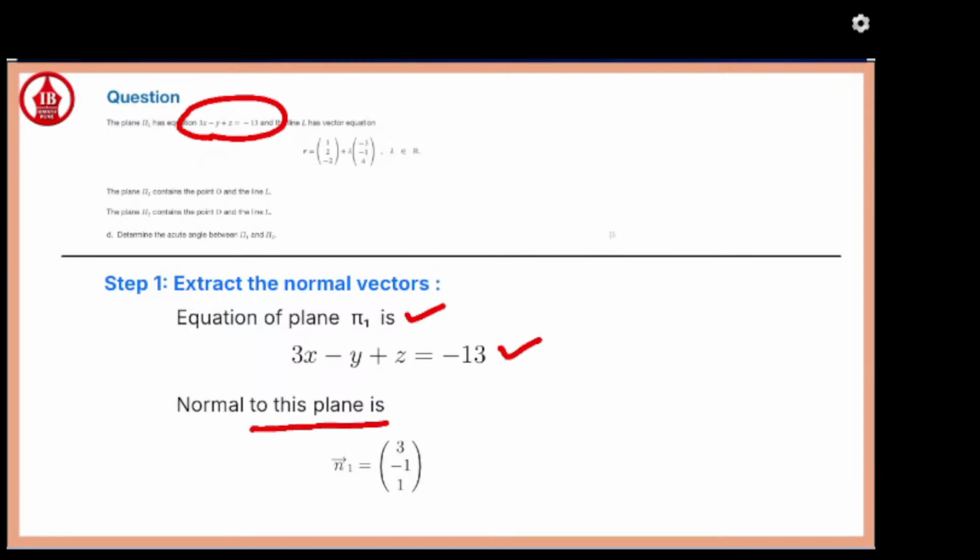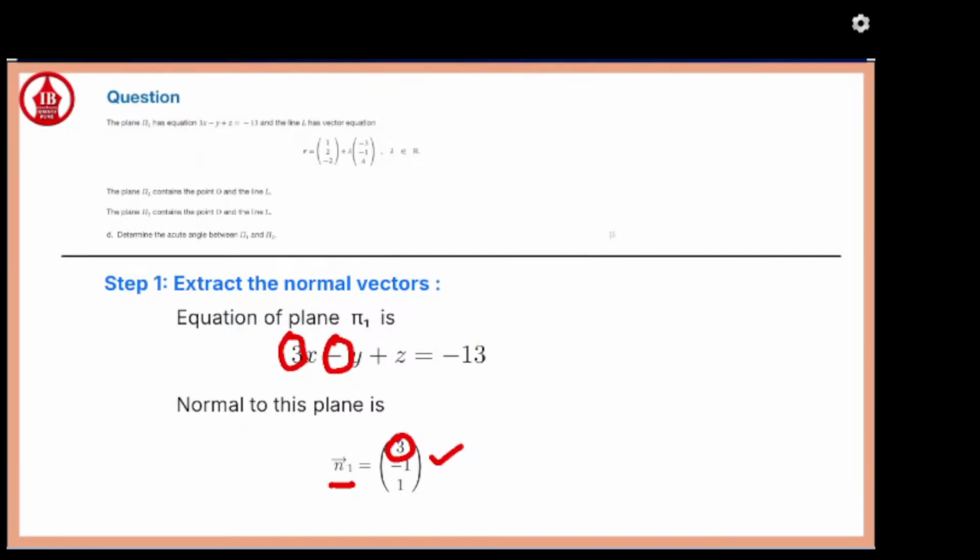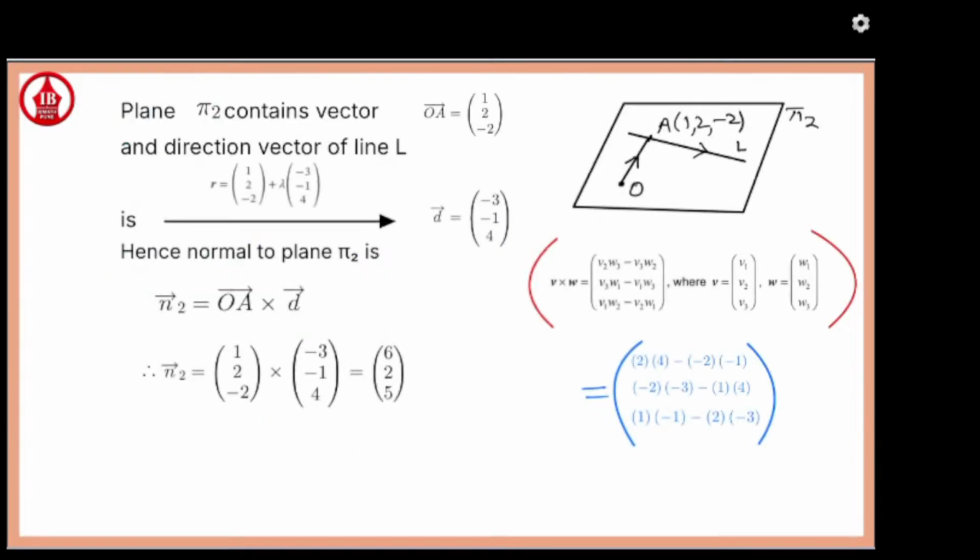Its normal vector is given by (3, -1, 1). n1 is equal to the coefficient of x, 3, the coefficient of y, minus 1, and the coefficient of z, 1. So this is the normal vector n1 to plane pi 1.